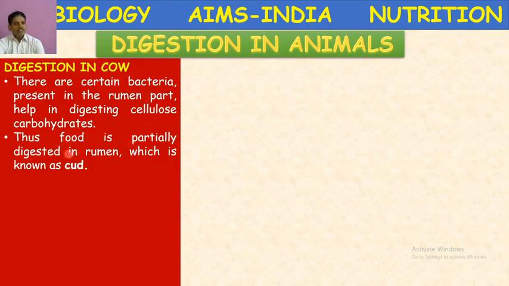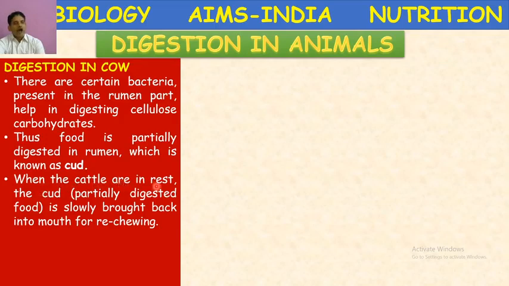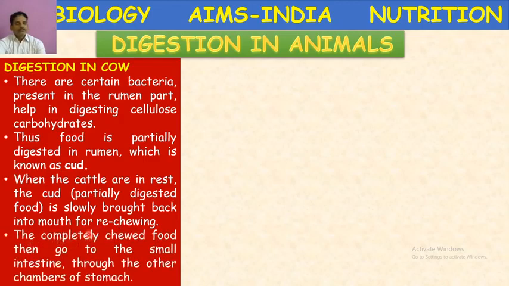Thus, the food is partially digested in the rumen, which is known as cud. When the cattle are at rest, the cud, partially digested food, is slowly brought back into the mouth of the animal for re-chewing. Partial digestion takes place in the rumen, the first chamber of the ruminant stomach.